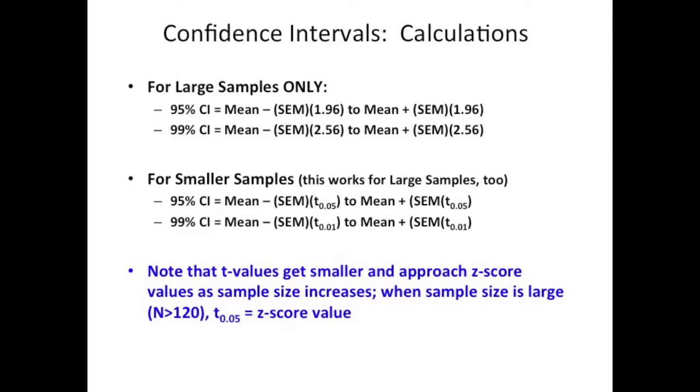You have to go to what are called t-distributions. So basically, say you have a sample of 50 values. You have 49 degrees of freedom, because it's n minus 1. We'll get into that later.